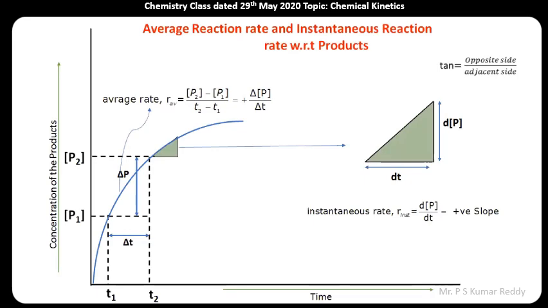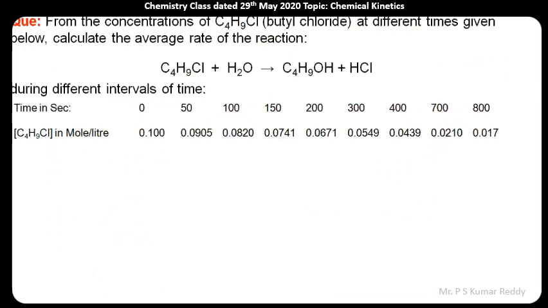So now, please note down this problem. From the concentration of C4H9Cl, which is butyl chloride, at different times given below, calculate the average rate of the reaction during different time intervals.